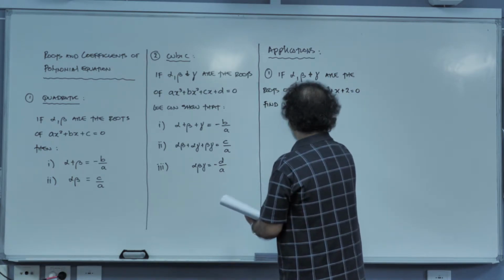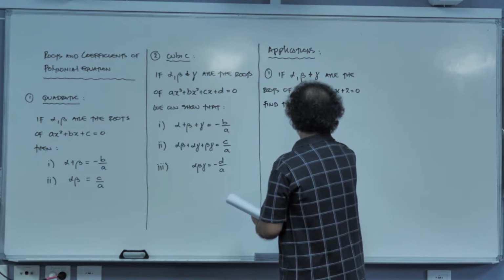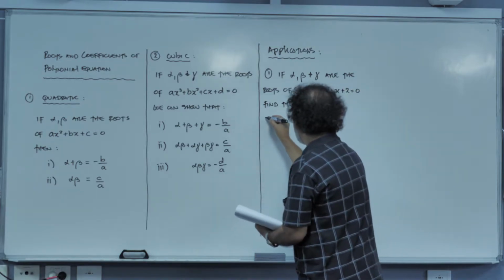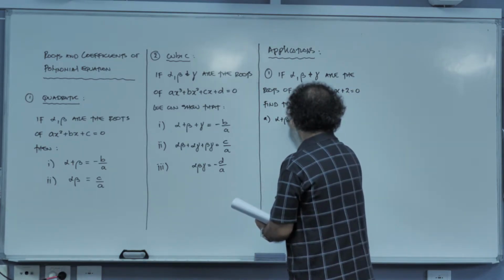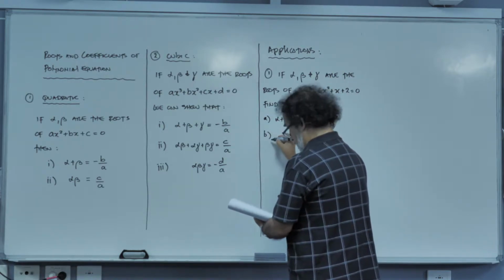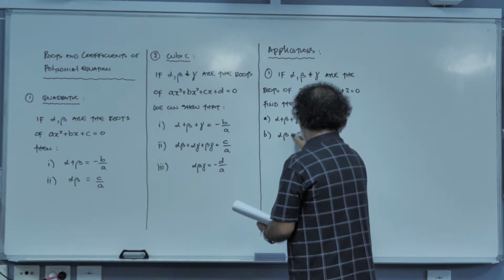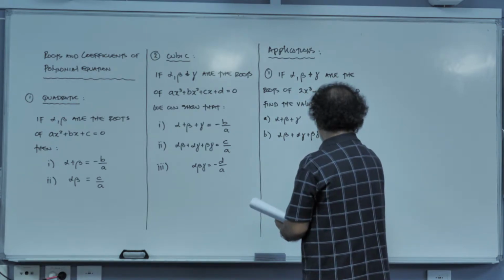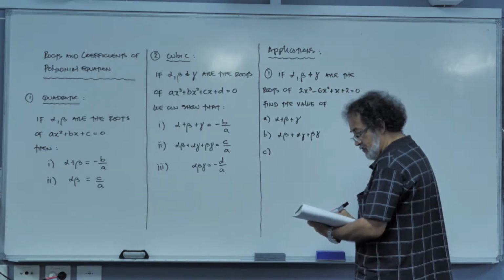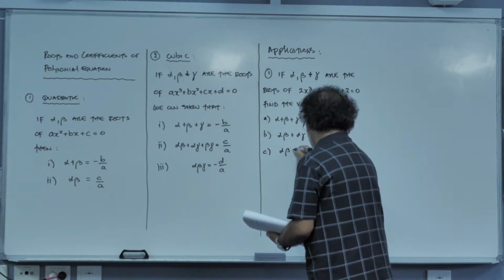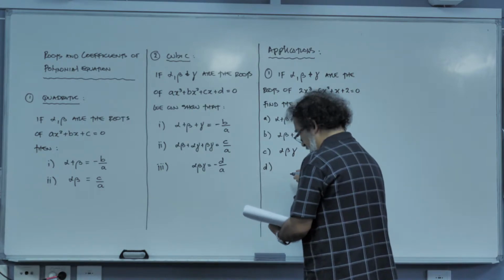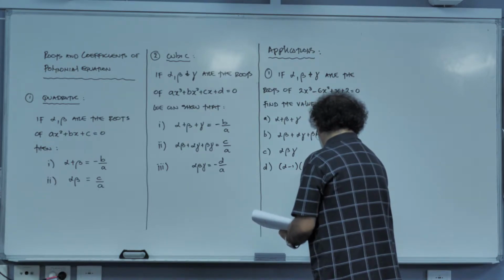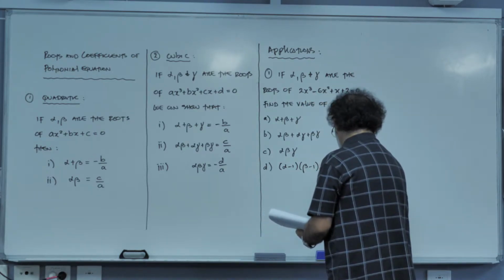We are going to find the value of: A, alpha plus beta plus gamma; B, alpha beta plus alpha gamma plus beta gamma; C, alpha beta gamma; and D, we're going to find alpha minus 1, beta minus 1, and gamma minus 1.